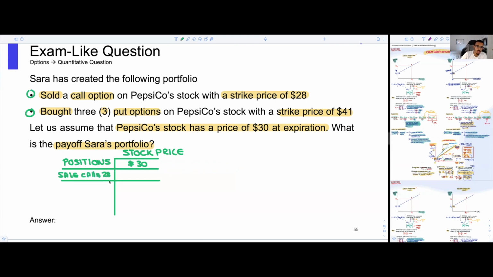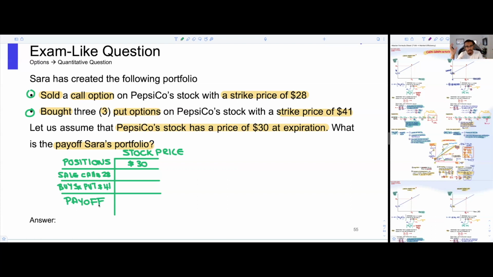I'm just writing keywords because we don't have much space. And obviously the last row is the payoff, which we really do care about. It's as easy as that.